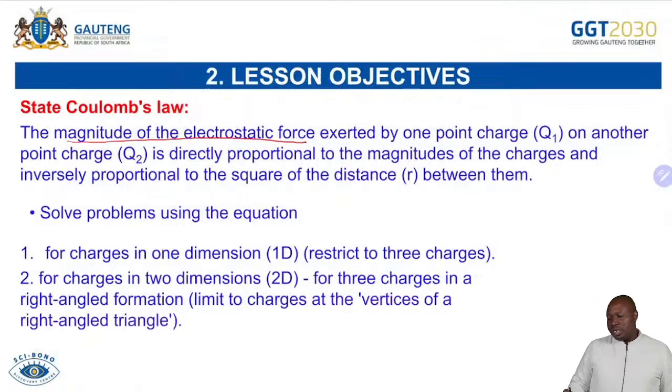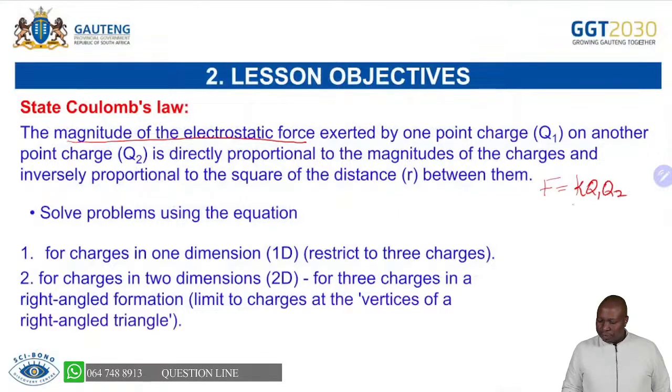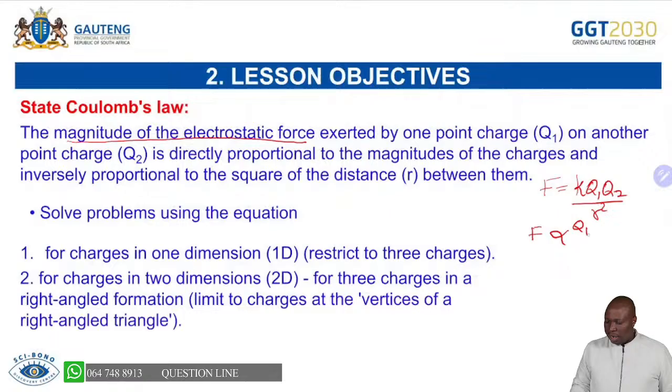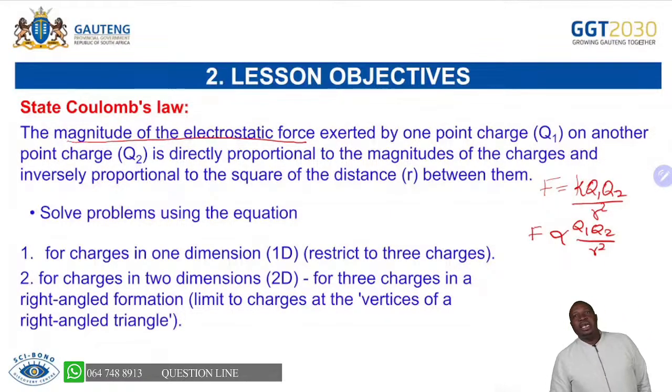It is much easier when you take it from the equation itself, which is F equals K Q1 Q2 over R squared. If we remove the proportionality constant, we have F directly proportional to Q1 Q2 over R squared.